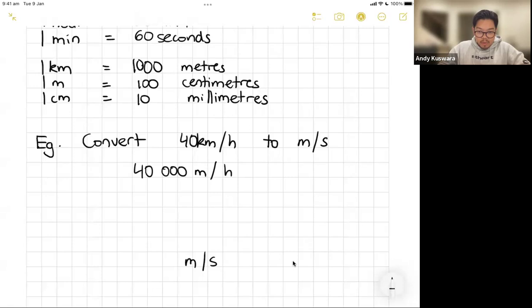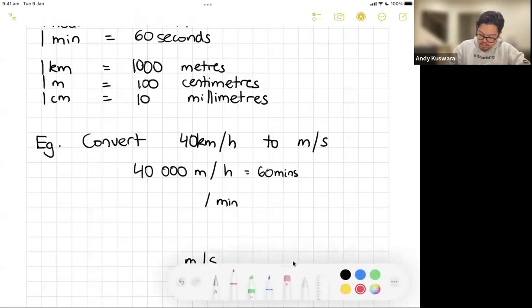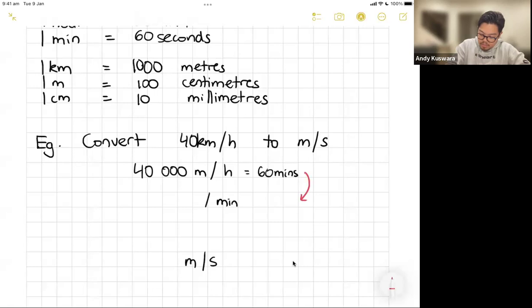From here, I'm going to keep going because at this point, I know an hour is the same thing as 60 minutes. So let's find out what it would be per minute. And the way that I'm going to do that is to get from 60 minutes to 1 minute, I'm going to divide by 60. So that's exactly what I'm going to do there.